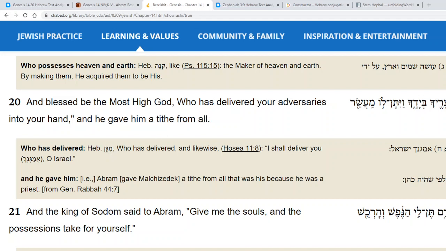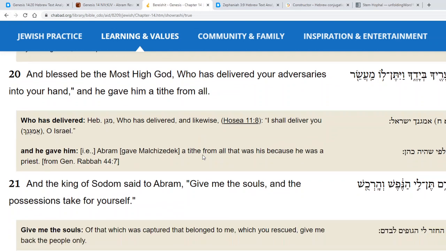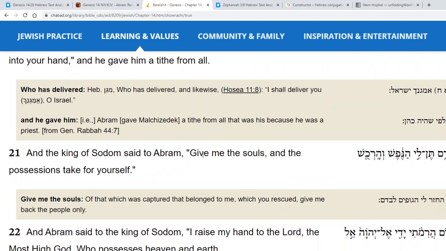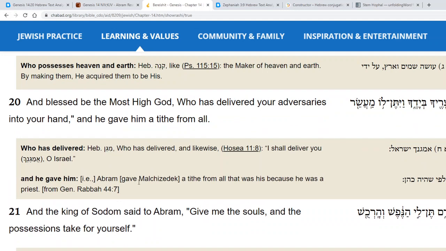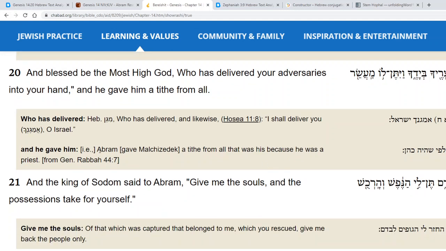So Rashi, the Migen, is saying it's like in Hosea 11:8, so you can compare it there. And Rashi is saying Abram gave Melchizedek a tithe from all that was his because he was a priest, right?